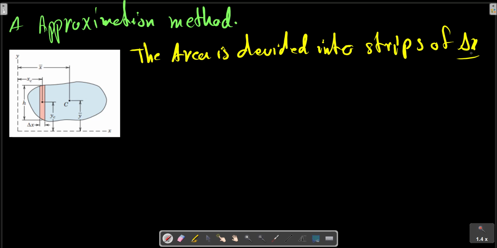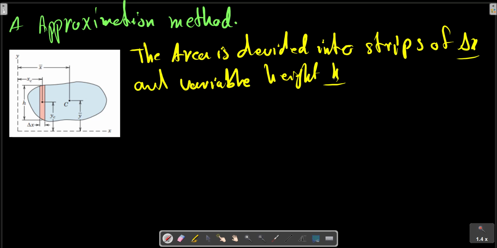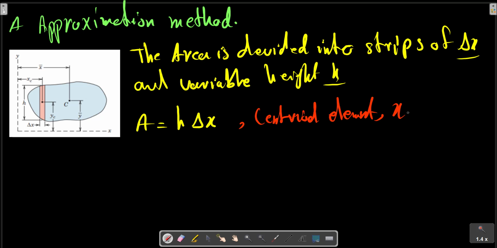of width delta x and variable height h. The area A of each strip, such as the one shown in the picture, is h delta x, and is multiplied by the coordinates for the centroid of the element, xc, yc, and zc, to obtain the moment of the element area.